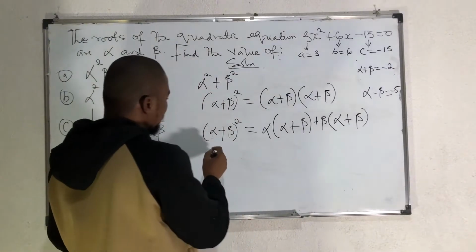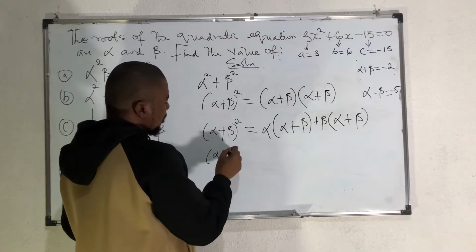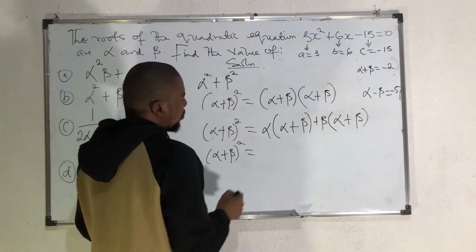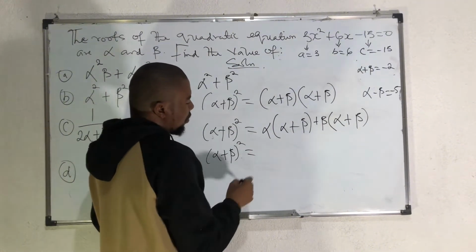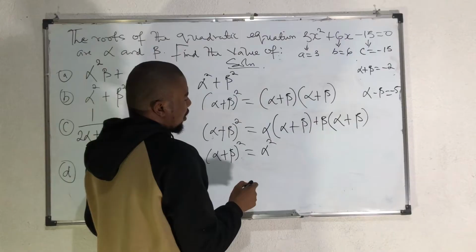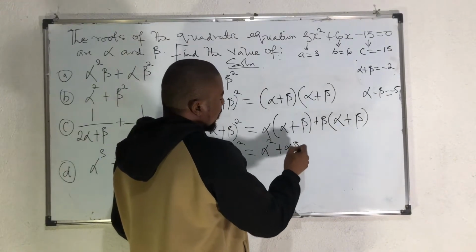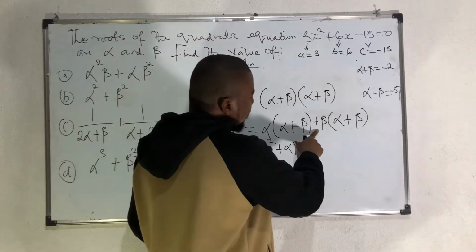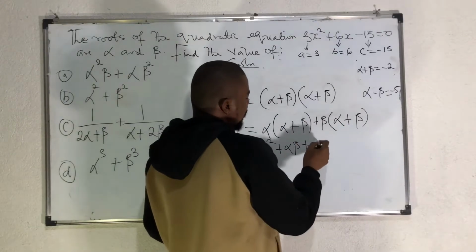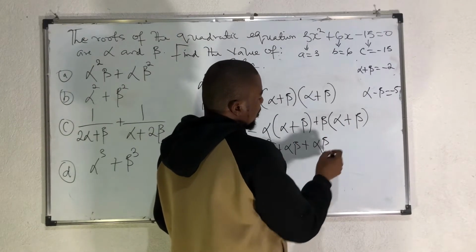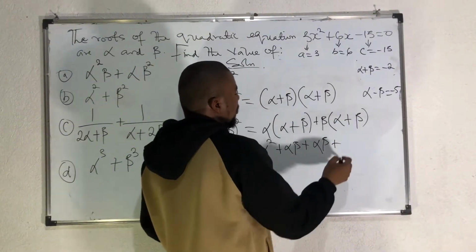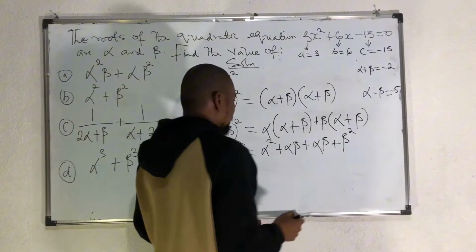Let's now multiply them out. We have alpha plus beta all squared is equal to, alpha times alpha will give you an alpha squared. Alpha times beta will give you plus alpha beta, plus beta times alpha will give you alpha beta, plus beta times beta will give you beta squared.